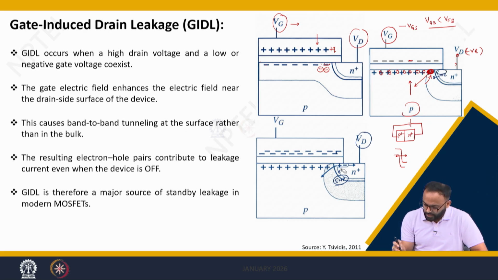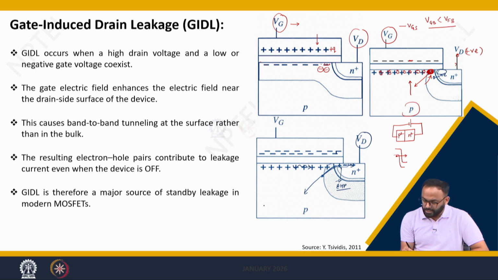That is what is visible here, these are EHPs. These electron hole pairs are generated due to tunneling and high energy. Because of this, the hole will be attracted and move towards the body and the electron will be added into the stream which is coming from the source.